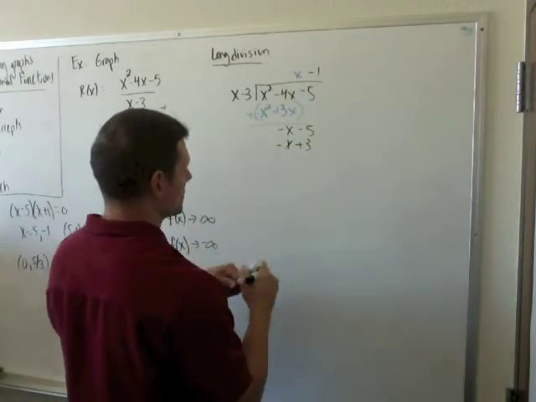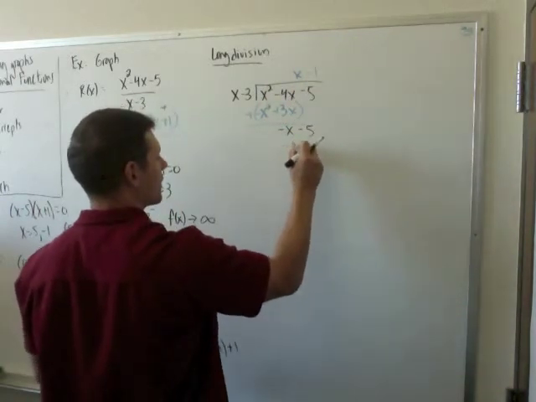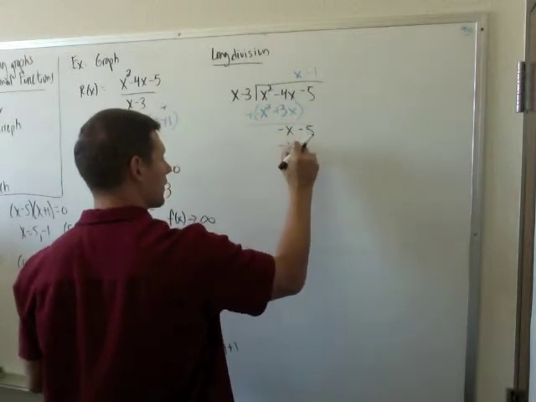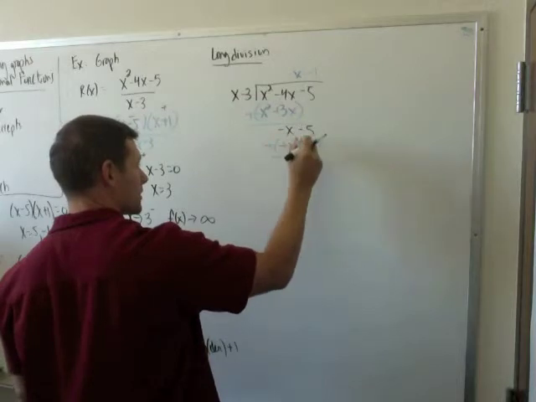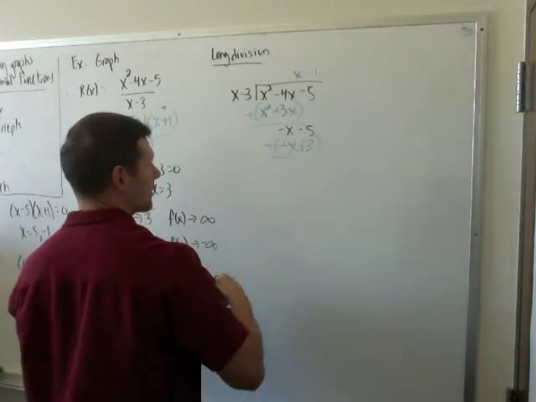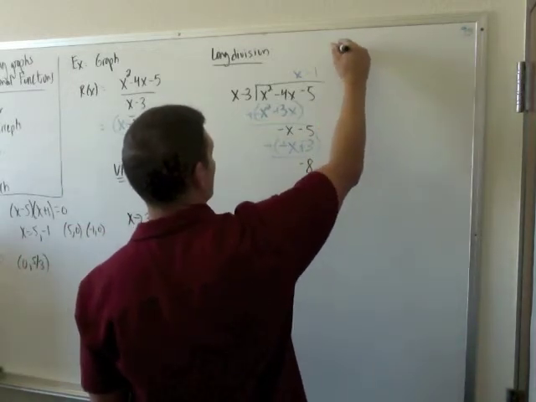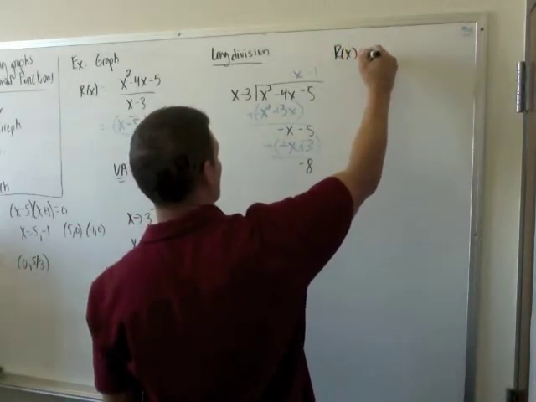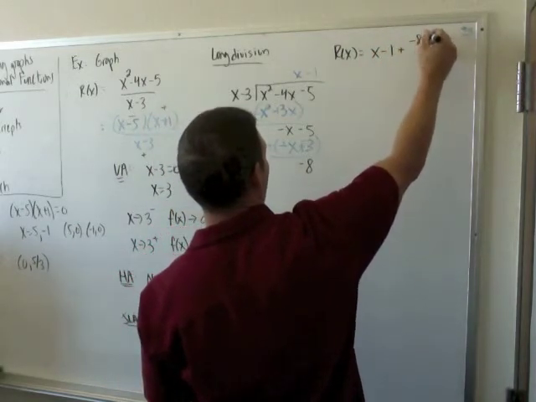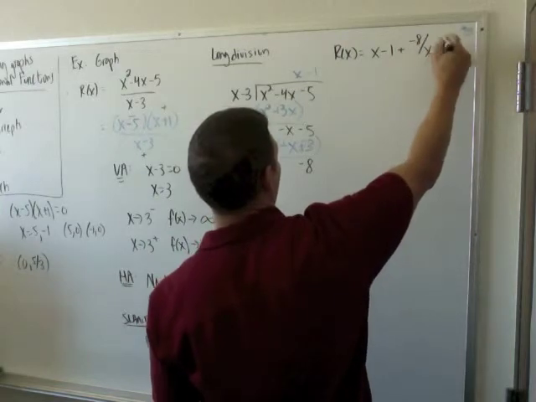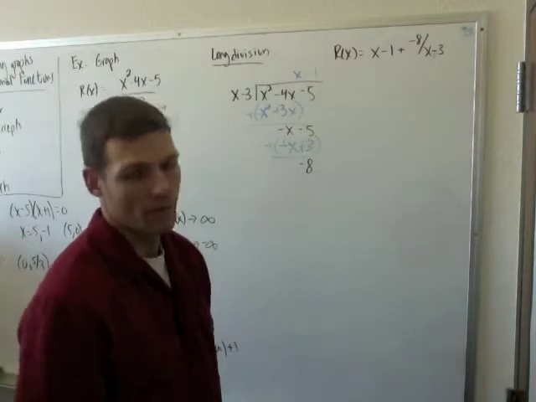Subtracting downwards, this makes negative 8. All right? So when I divided these two, really r of x is equal to x minus 1 plus negative 8 divided by x minus 3.